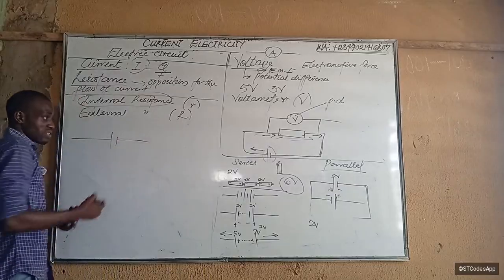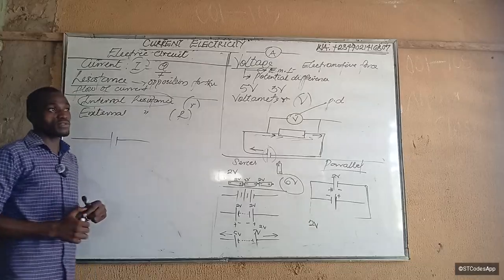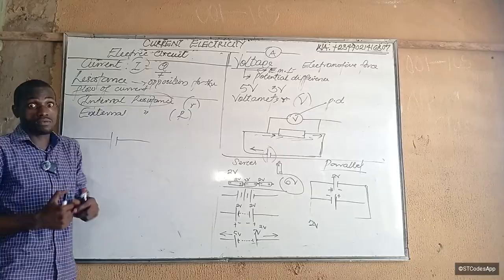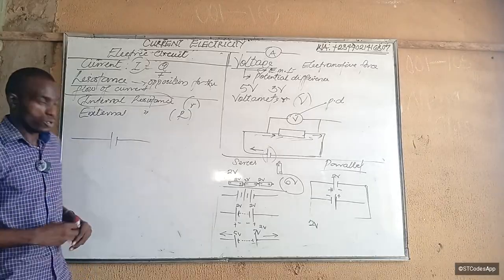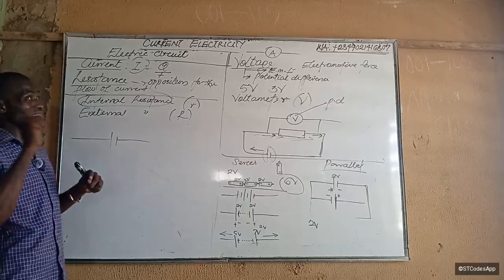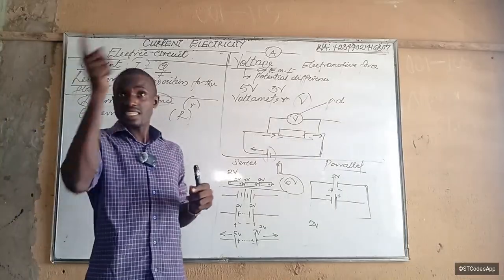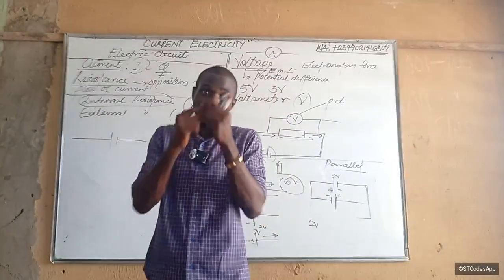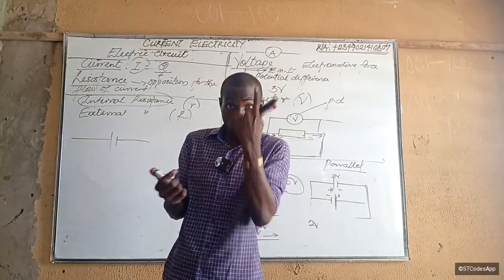If it's rated to deliver 6 volts, it may deliver 5.6, 5.7, 5.8, for a very efficient one, 5.9. So it means that if it's 5.9 that is delivering, and it is rated to deliver 6, some of the 6 volts has been lost, which is 1 volt.